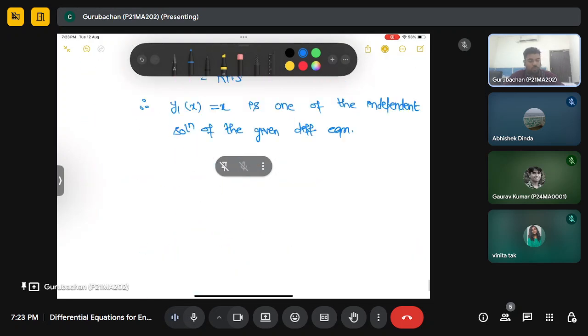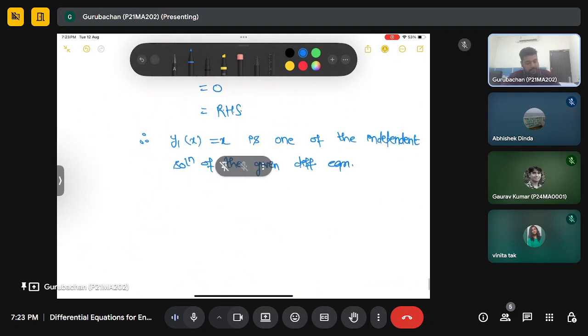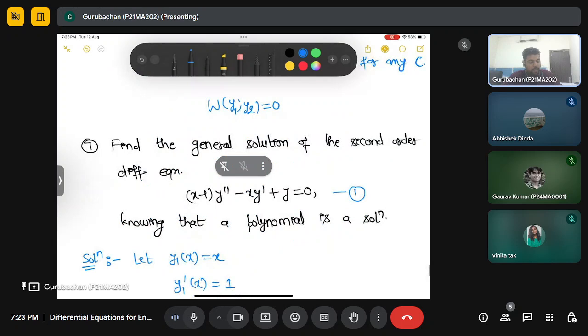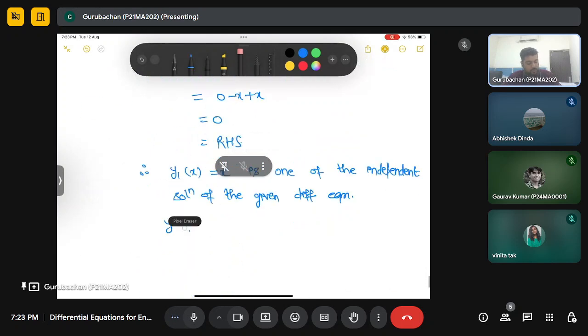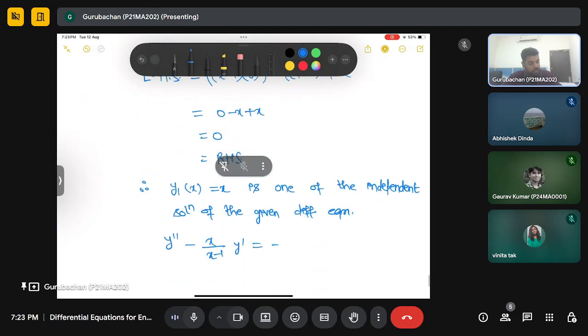To use Abel's formula, we need to rewrite equation 1 like this: y double dash, sorry, it was minus, so minus x by (x minus 1) y dash equal to minus y.